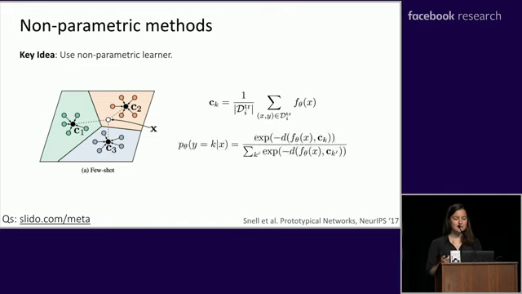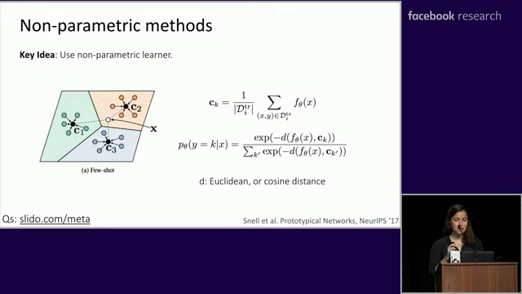And what this looks like is we simply measure the distance between each of the prototypes. This is denoted as D, and then perform a softmax operation to decide which class it corresponds to. And in this case, D can correspond to Euclidean distance or cosine distance. Great. So this is a simple approach that works quite well.